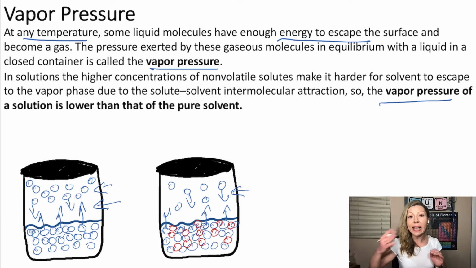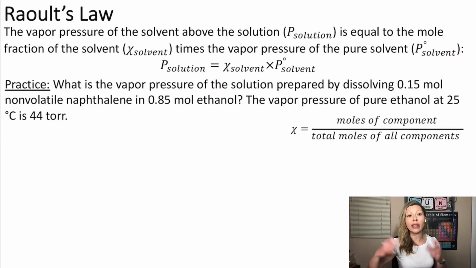Let's take a look at how to calculate the vapor pressure of a solution. This is described by Raoult's law, which tells us that the vapor pressure of the solvent above the solution is going to equal the mole fraction of the solvent multiplied by the vapor pressure of the pure solvent.